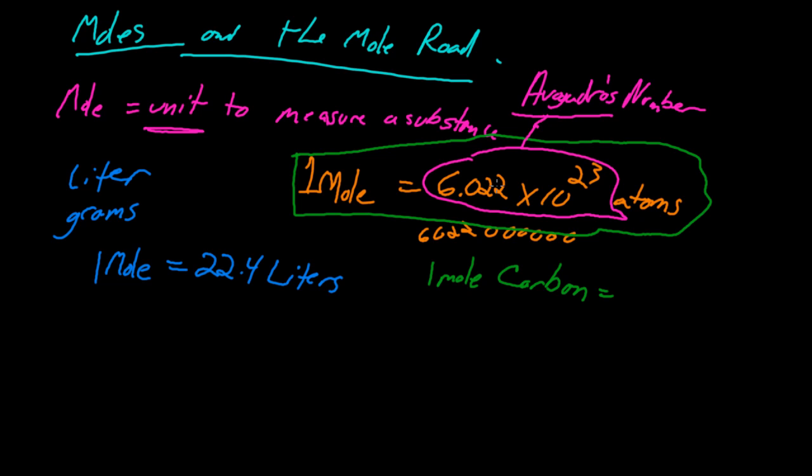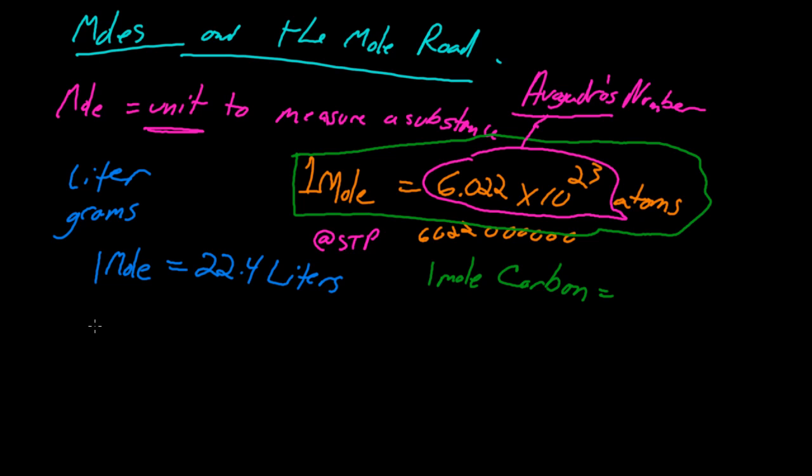You should try and commit this to memory, because you'll need it for a lot of these conversions and using the mole road, which we'll talk about in a few minutes. So, 1 mole, 6.022 times 10 to the 23rd atoms, will fill up 22.4 liters at standard temperature and pressure, or STP.